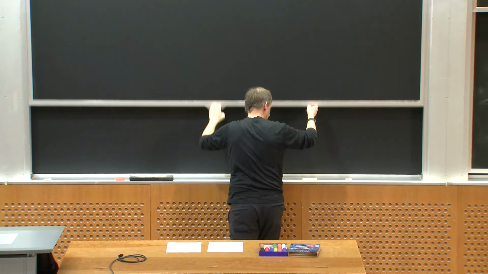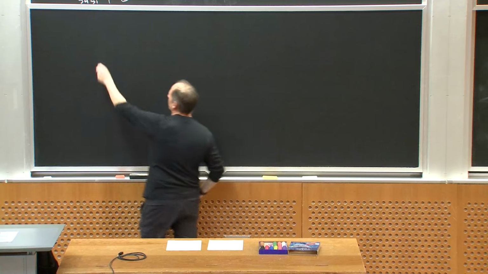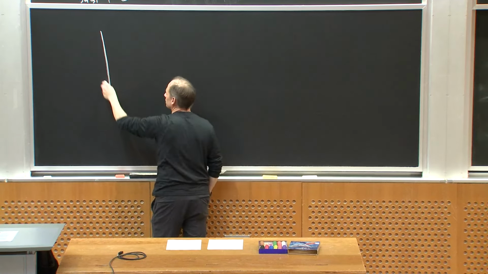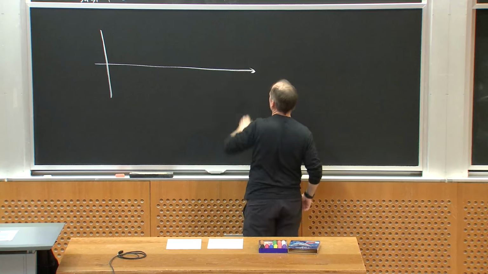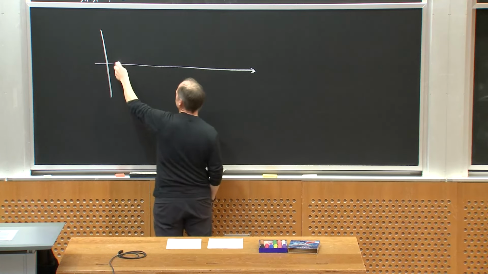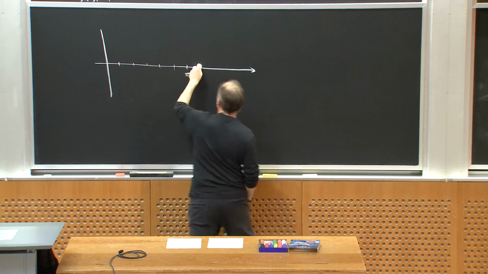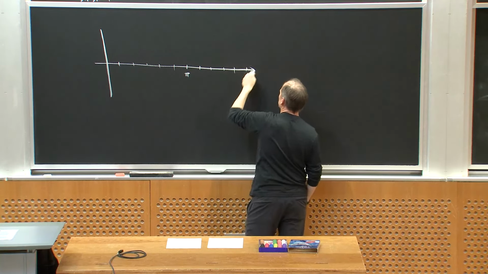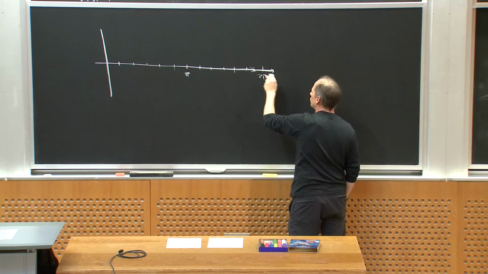Okay, so let's think about what we might do. Let me plot things in terms of electrical angle. So it's 2 pi and 2 pi.